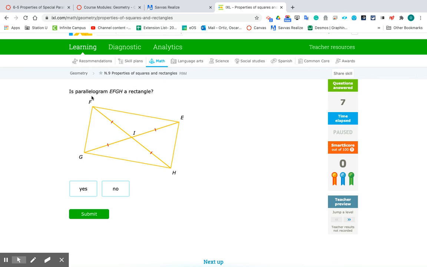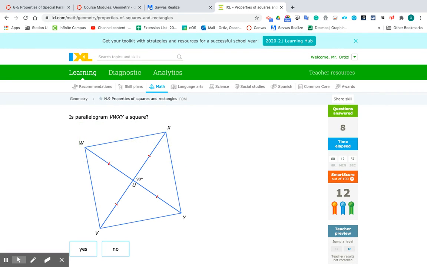For example, here it says, is this parallelogram a rectangle? Knowing that these four segments are congruent, I can tell that this diagonal FH and diagonal GE are congruent, so I can guarantee this is a rectangle. So I will say yes. Go to the next question. Is this a square? Let's see, we've got to check two things.